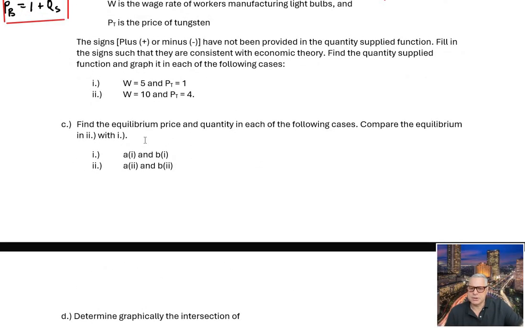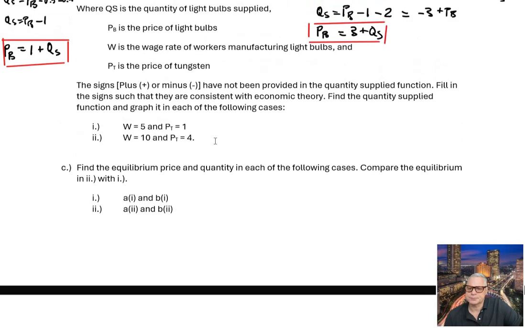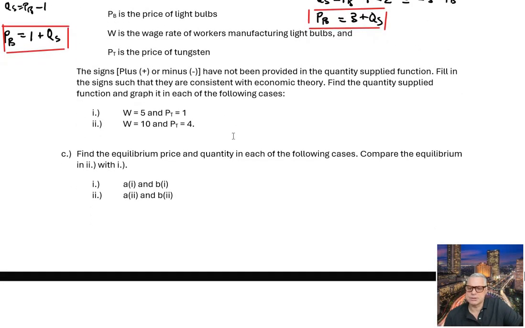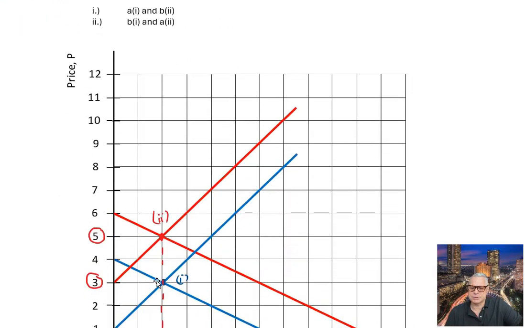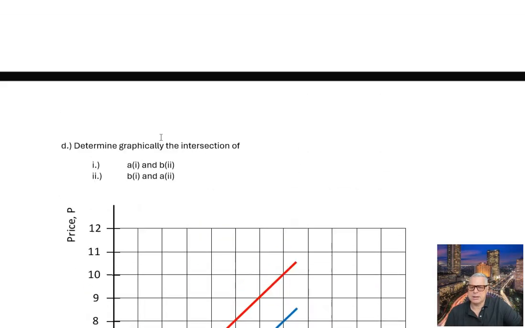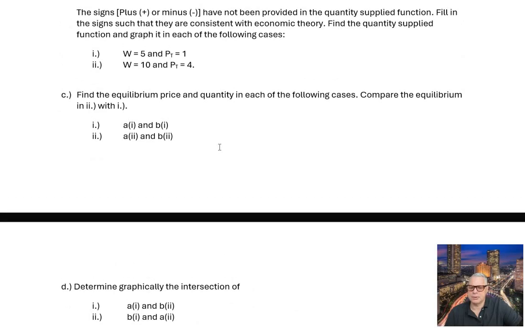Okay, so there are some other questions now. Find the equilibrium price in each of the following cases. In scenario 1 the equilibrium price was 3, and then the equilibrium price went up to 5.